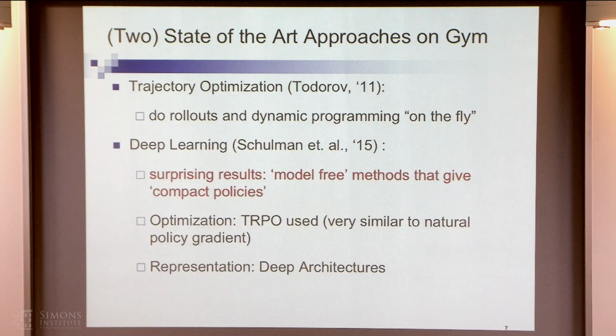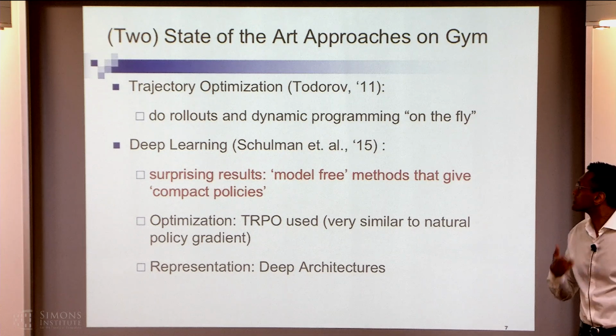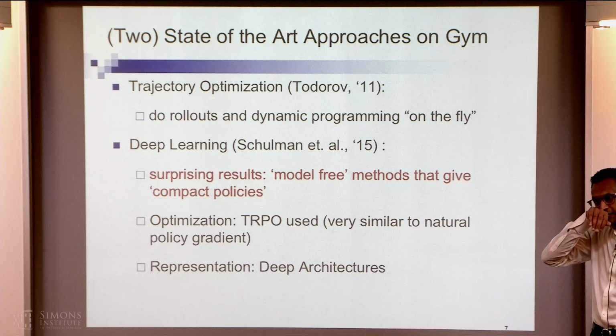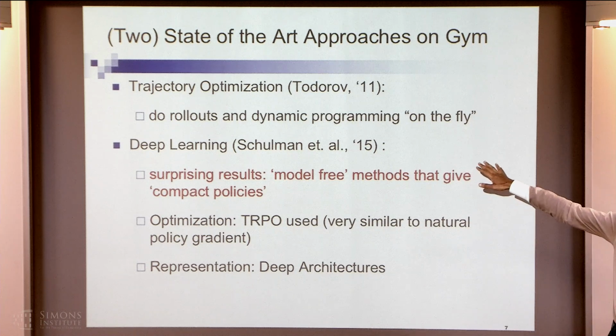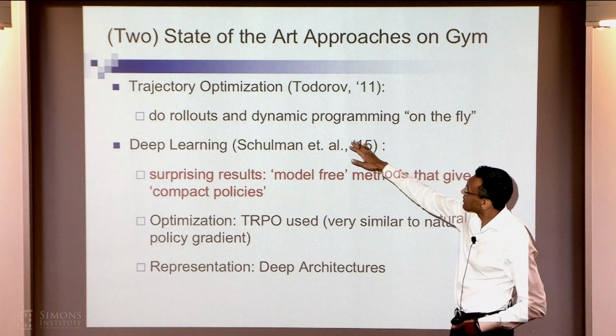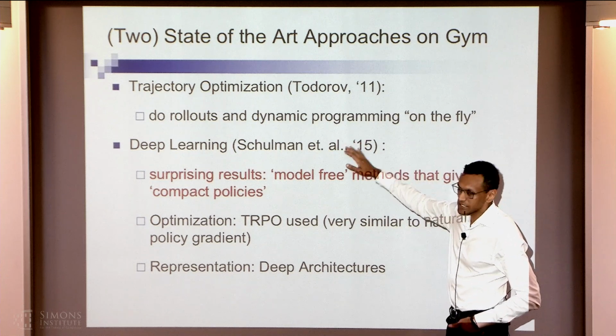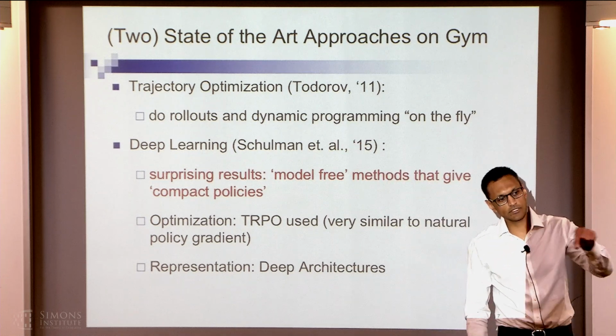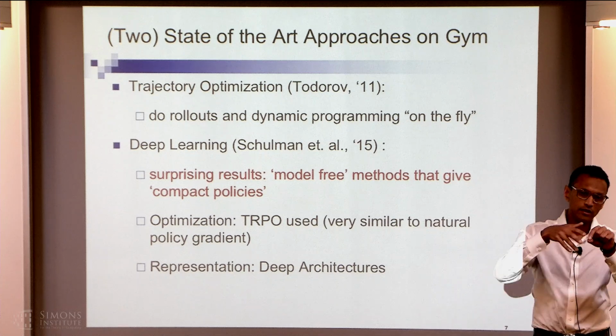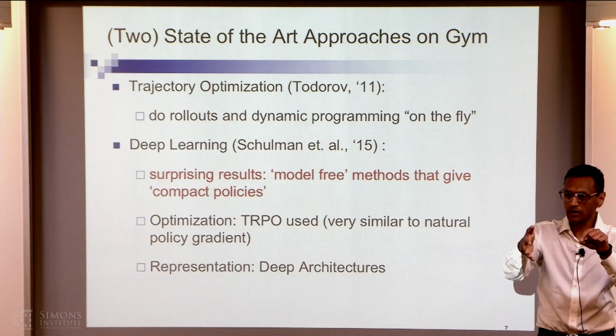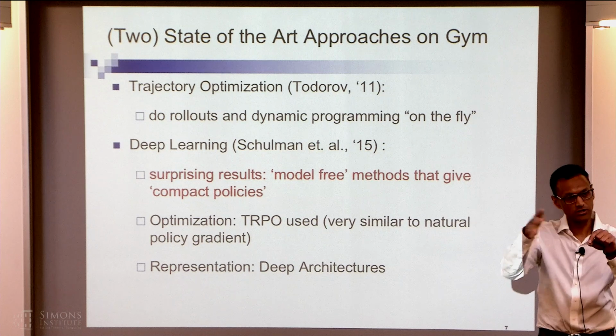Coming back to partly Sanjeev's question, there are two state-of-the-art approaches on these gym tasks. One is the trajectory optimization methods, really due to Todorov, which is if you have the model, in each state you roll out, doing Monte Carlo rollouts, and choose the best action based on your rollouts.